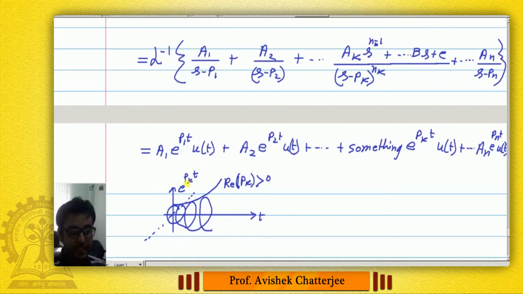However, if the real part is negative, then the signal will decrease exponentially. It may also oscillate depending on the imaginary part, but the envelope will certainly decrease with time exponentially.